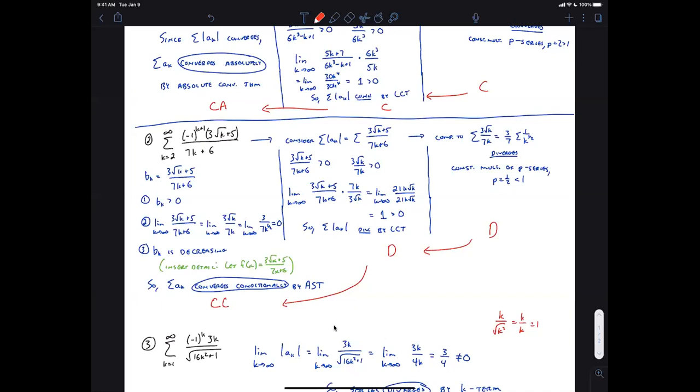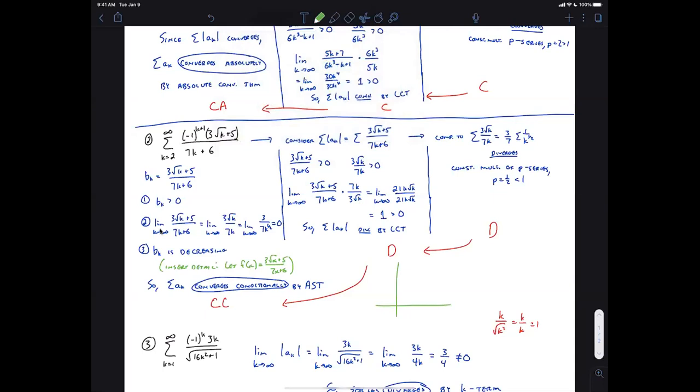Okay, so the idea is that these two parts of the alternating series test are going to be true on the standard problems. If the second part's not true, then it's k-term test. Now, if these two parts are true, what I want to talk about is decreasing.